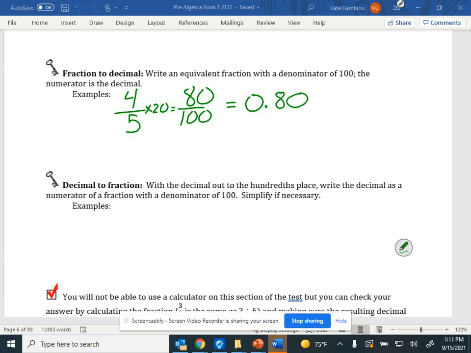And then we can change that 80 hundredths into our decimal. So we know that this is 80 hundredths, and that's the same way we say the fraction of 80 hundredths. And it could just be 0.8. Good. But in order to go from here to here, we went with the hundredths.